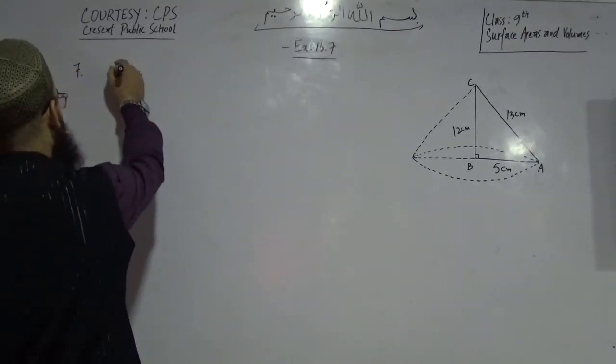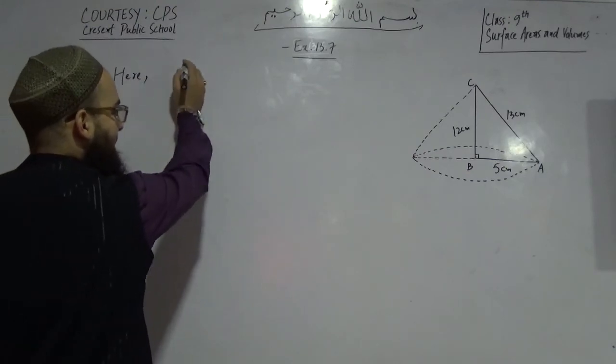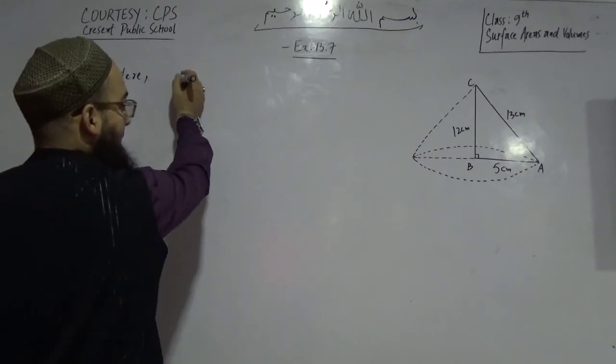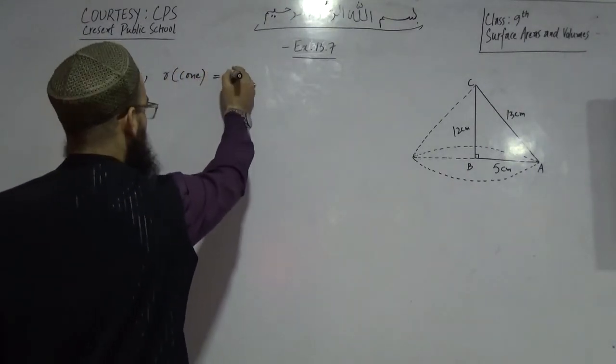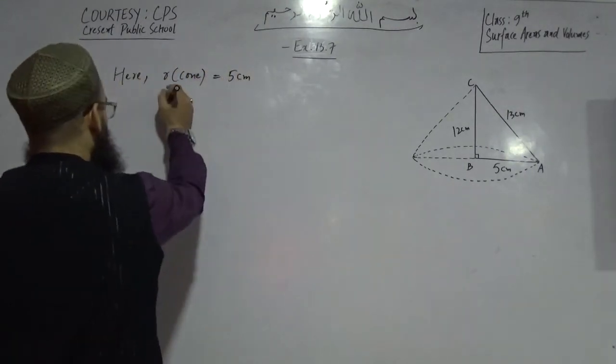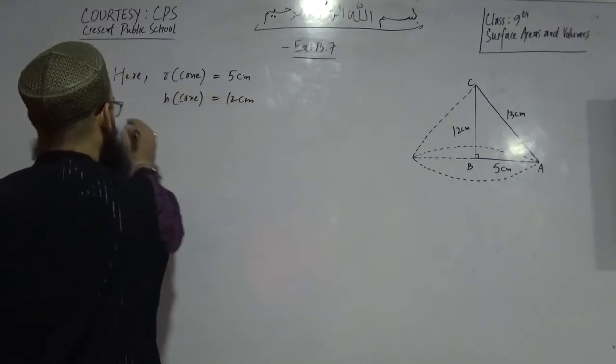So here radius of cone is equal to 5 centimeter. Height of cone is equal to 12 centimeter.